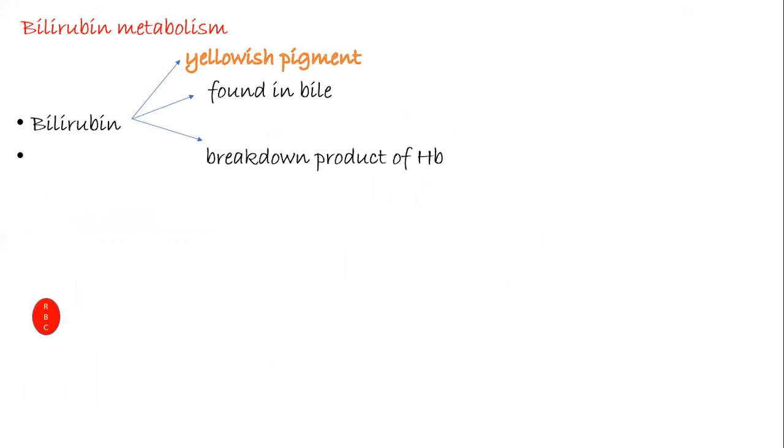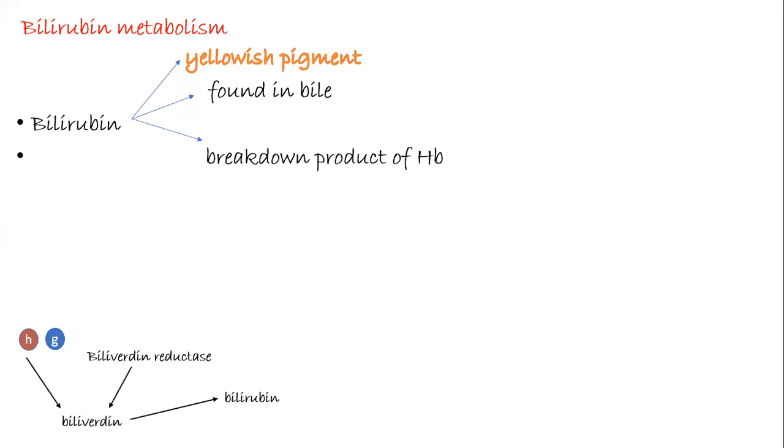This RBC is broken down into its two components, one is globin and the second one is the heme part. This heme part is converted to biliverdin by the action of biliverdin reductase. It then gets converted to bilirubin.